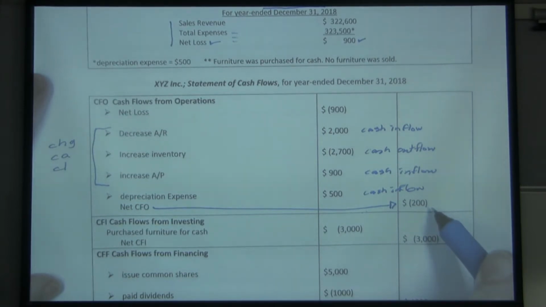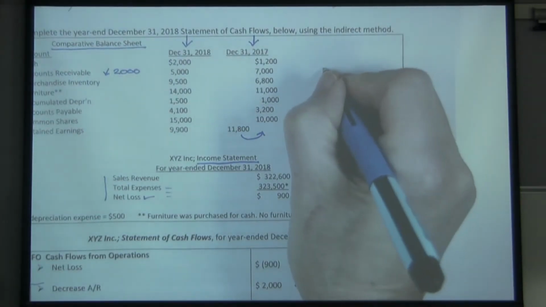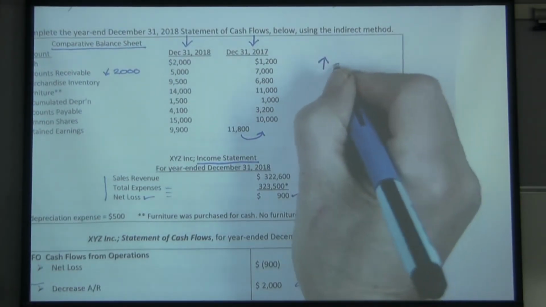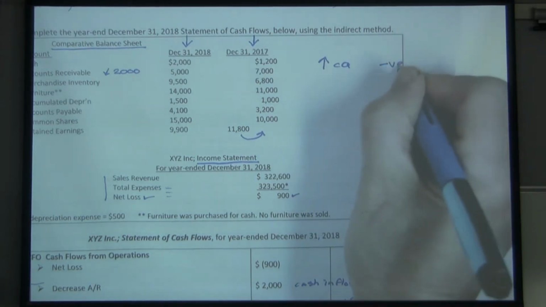Okay, so just a little bit of help with figuring out this change in current assets and current liabilities. I'm going to note this up here. When we have an increase in any current asset, it's a negative cash flow.